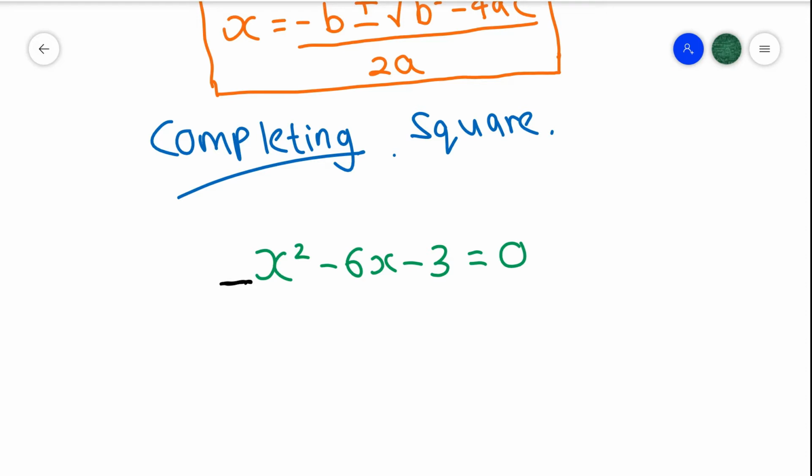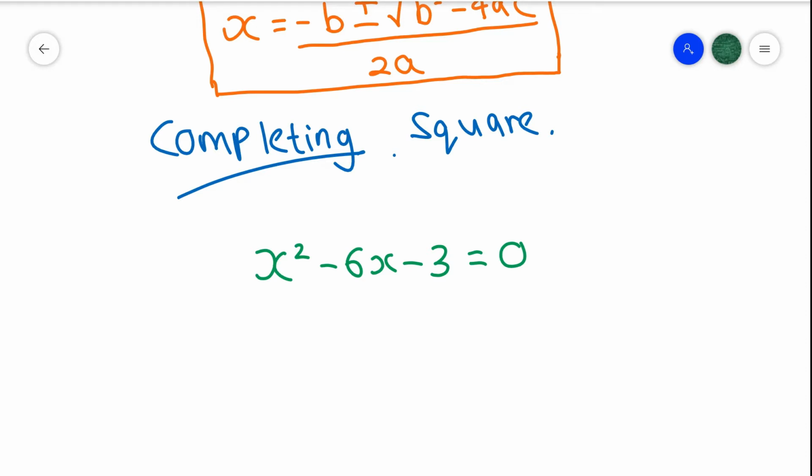Luckily in this case it is 1, but if it was not 1, we would have to make it 1 by dividing by whatever the number is. If there was 2x squared here, we would divide the whole equation by 2. In this case it is 1, so we don't have to do any division and can go directly to the next step.